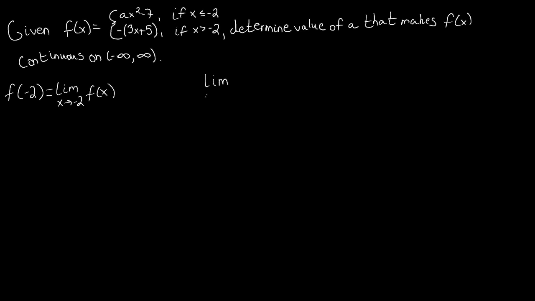So the limit as x approaches -2 from the left of f of x is going to be the limit as x approaches -2 from the left of ax squared minus 7. Since this is still dealing with this a, this unknown value that we have, let's skip this part for now and analyze the limit as x approaches -2 from the right.